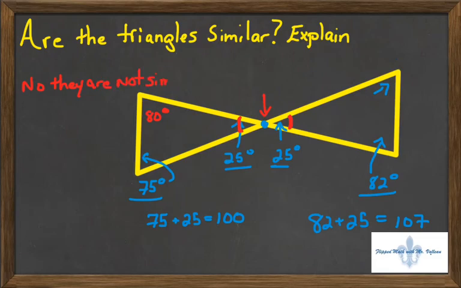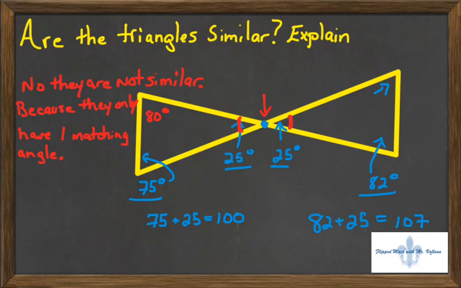And again, we are asked to explain, and the reason why is because they only have one matching angle. And that way we both answered and explained our rationale for how these two triangles fit the angle-angle similarity.